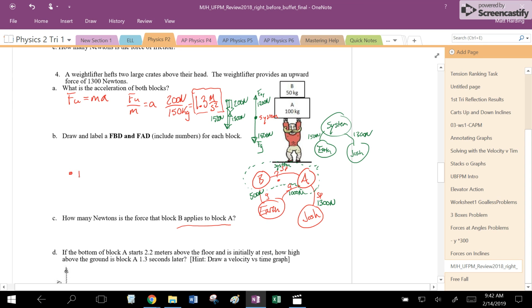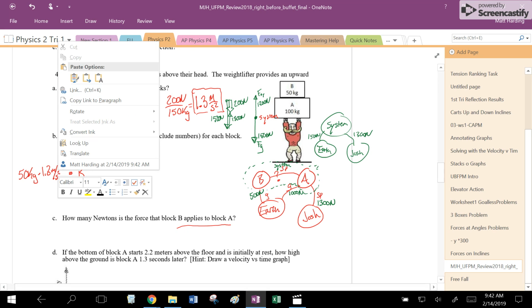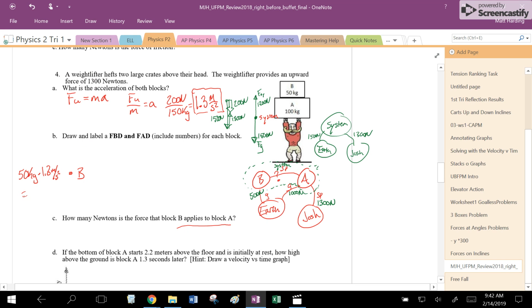So for block B, I can say 50 kilograms times 1.3 meters per second squared has to equal the F_U for block B. And then for block A, it's going to have the same acceleration.